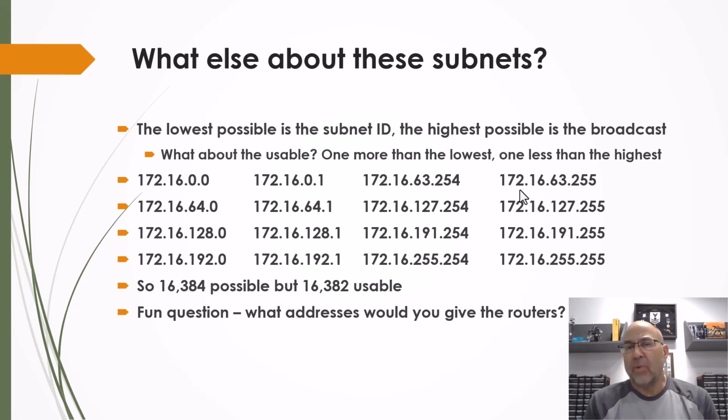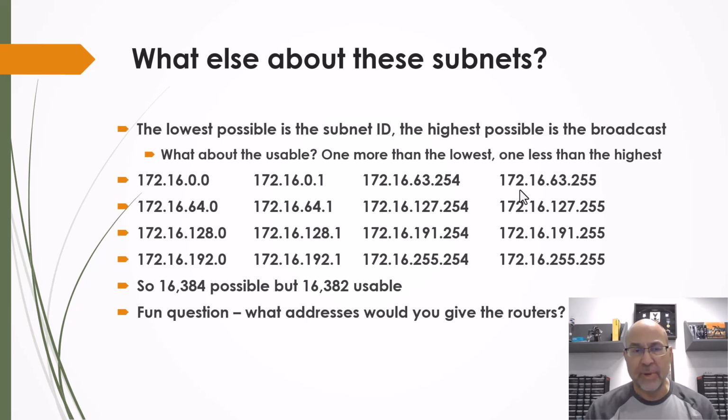Well, how do we figure out what's usable? We know that it's 2 less than the possible. So all that we're going to do is take the lowest possible address and add 1. And that'll give us the starting range of the usable addresses. And then we go all the way to the top, and we take the highest possible address in the subnet, and we subtract 1. And that's our range.